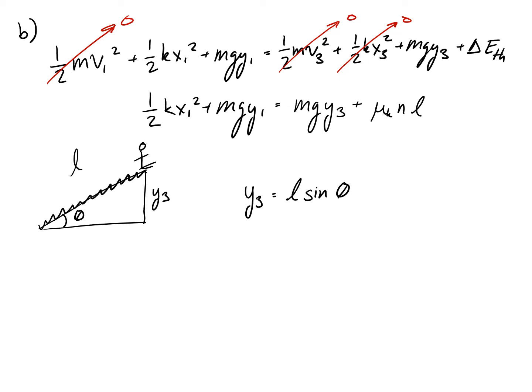We also can use this to calculate the normal force for our person, because we're going to need that for the thermal energy. Our person is on the incline, so that means that the normal force is going to be equal to mg cosine theta. Again, this is how we calculated the normal force on an incline when we introduced that 2 weeks ago, I believe.